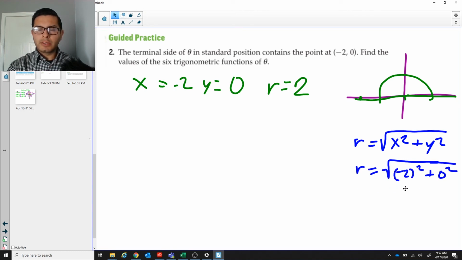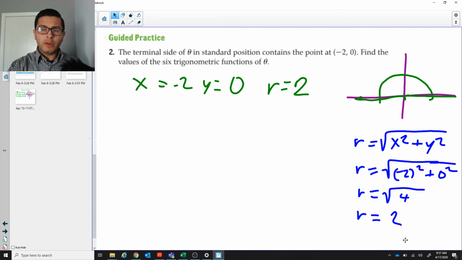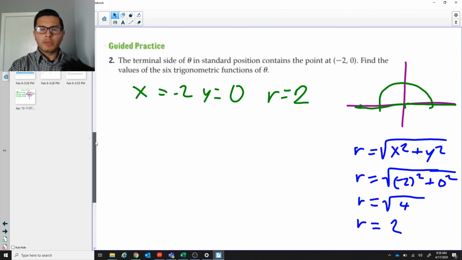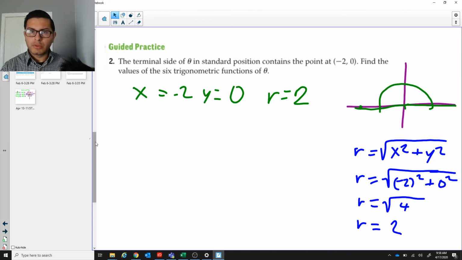Now x equals -2, so that'll be -2 squared plus 0 squared on the inside of that radical. Same thing if we take off the 0 because it's 0 and we do -2 squared, that equals 4, so that'll be the square root of 4, which we know simplifies down to 2. So as we can see, we have confirmed that our r equals 2.